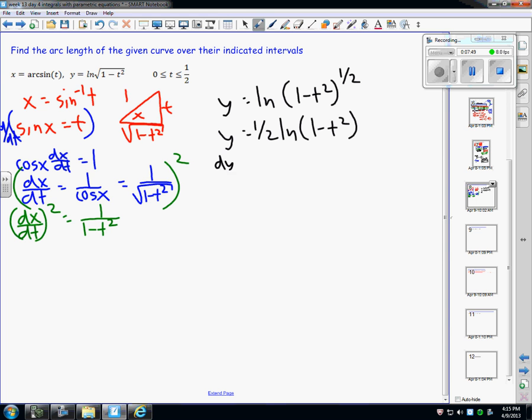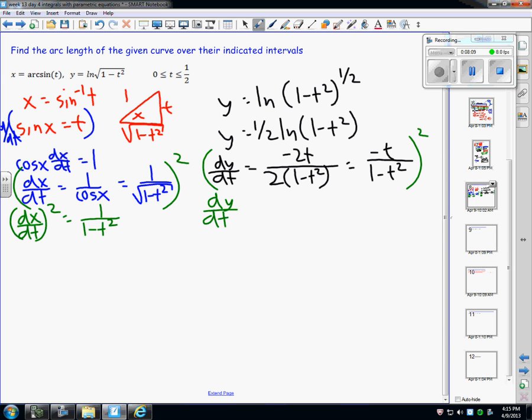Okay? dy/dt is 1 over 1 minus t squared times negative 2t on top, which simplifies to negative t over 1 minus t squared. But just like on the dx/dt, I want to square this out. I'm going to get (dy/dt) squared is t squared over (1 minus t squared) squared.